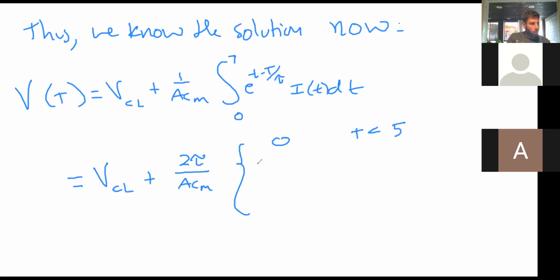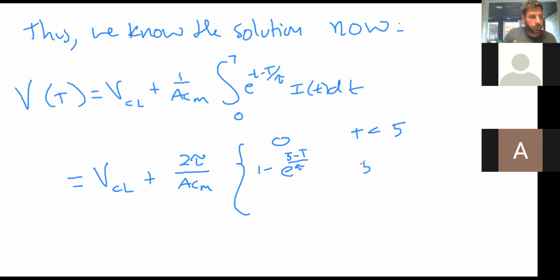It's going to be 1 minus e to the, what was it, 5 minus, let me write this bigger. It's really hard to look at three screens. So this is 1 minus e to the 5 minus capital T over tau.